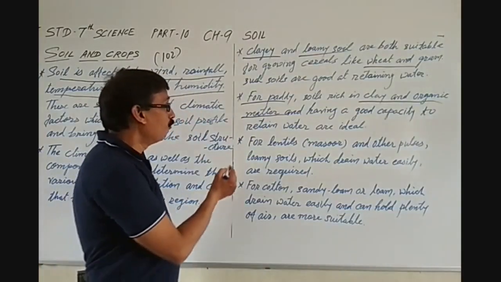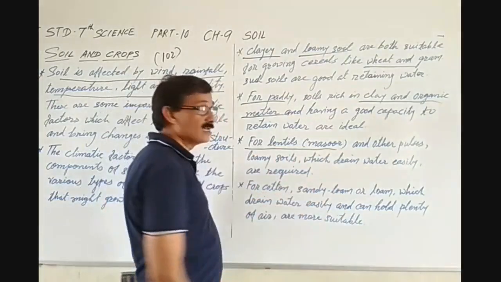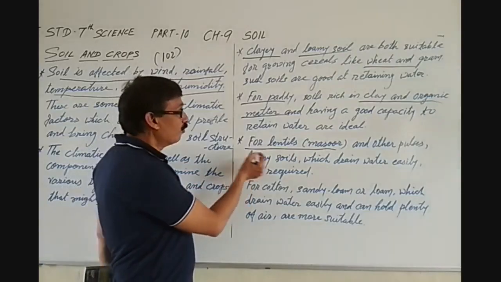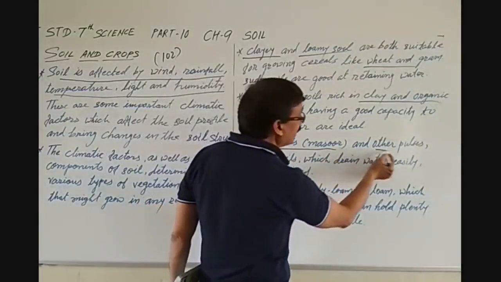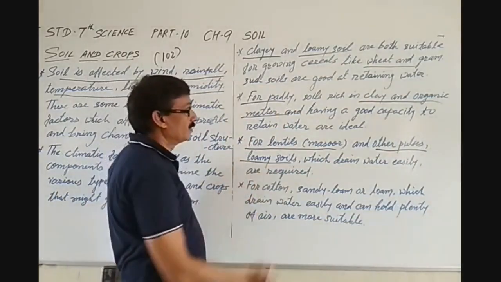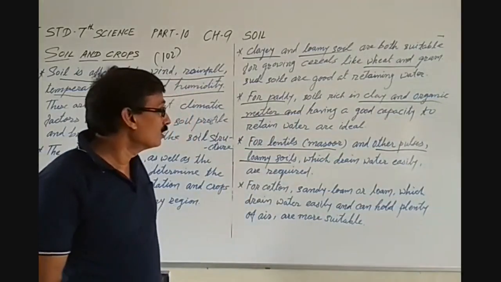Then for lentils like masoor, which is a kind of pulse, and other pulses, loamy soils which drain water easily are required.